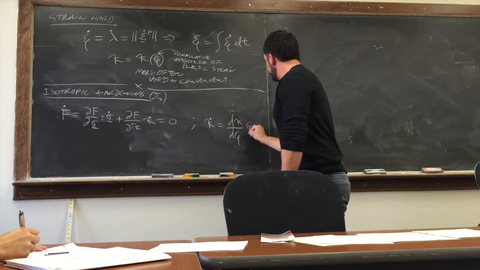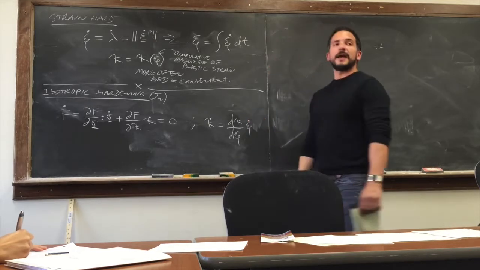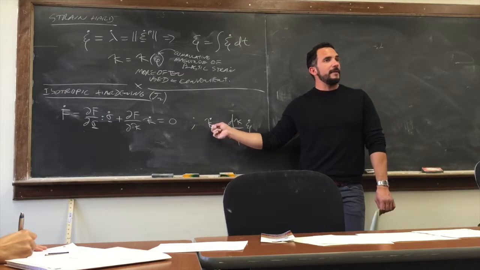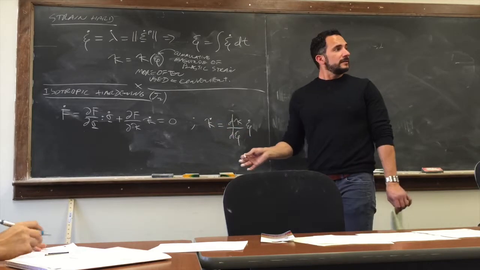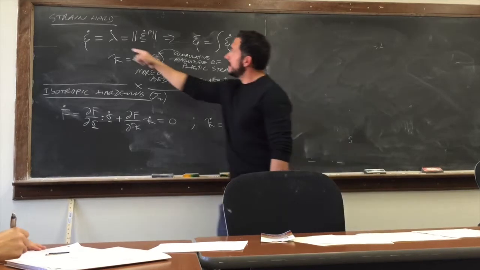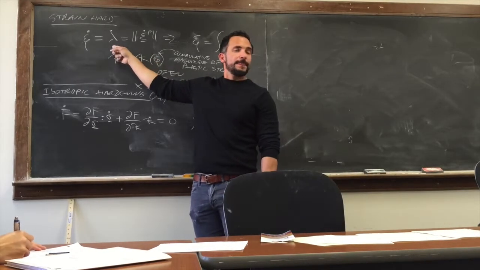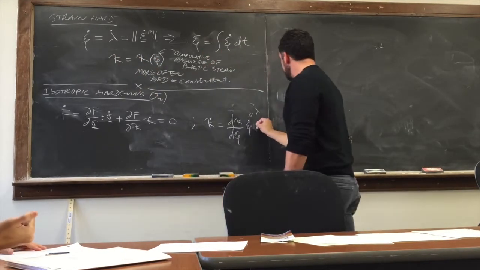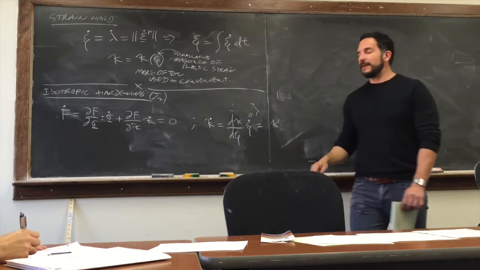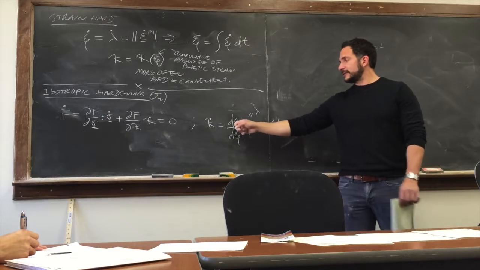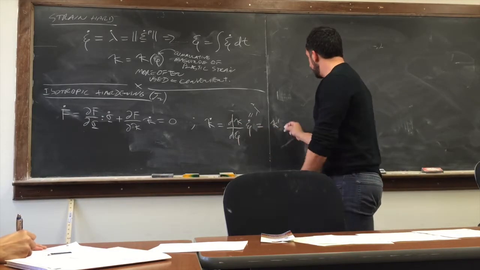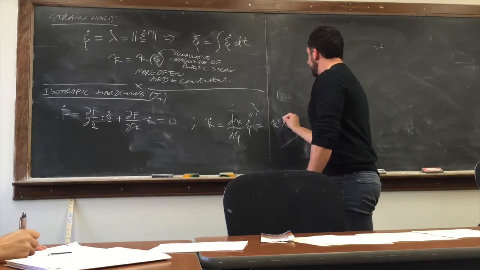And then all I need to do is compute the time derivative of c. And that's equivalent to the time derivative of kappa. Yes? No? This we know is lambda dot as well. So I can write these as kappa prime, the derivative of kappa with respect to its main variable, which in this case is the cumulative plastic strain, times some lambda dot.